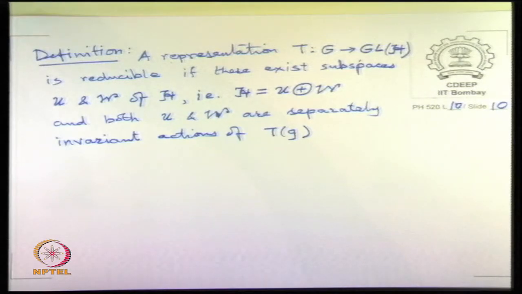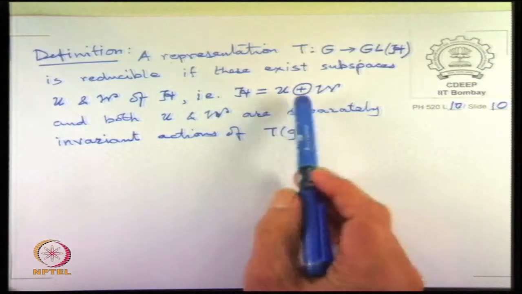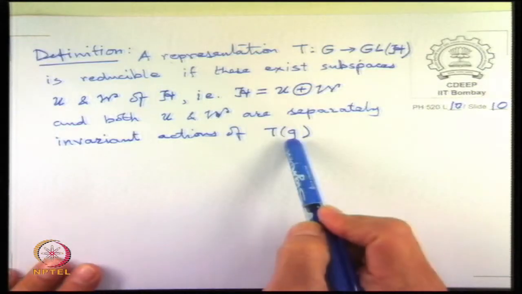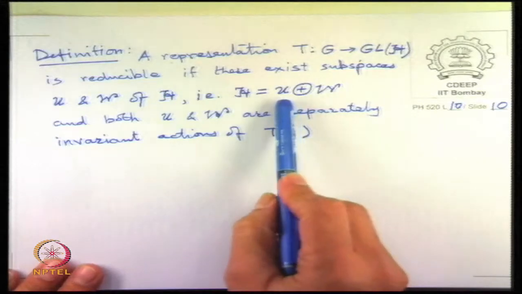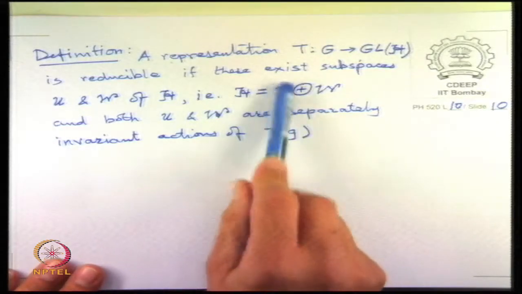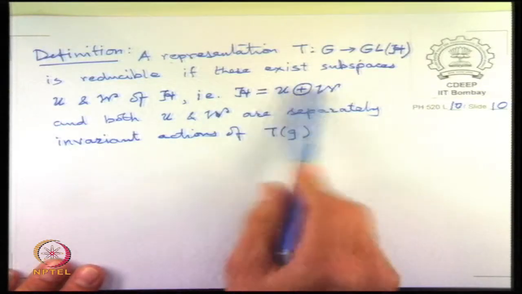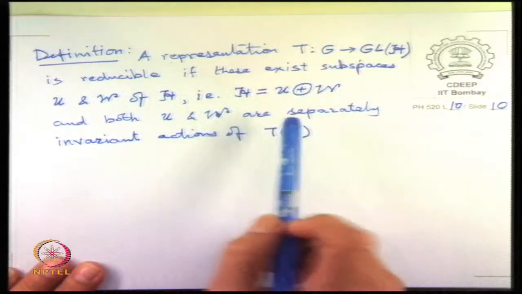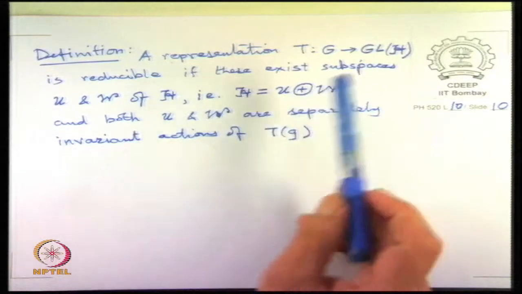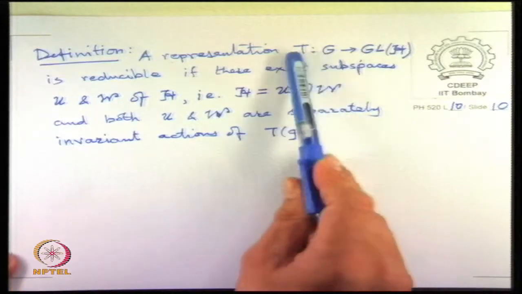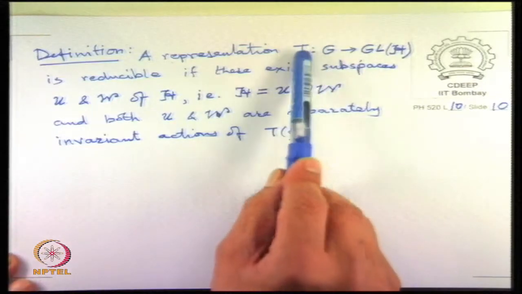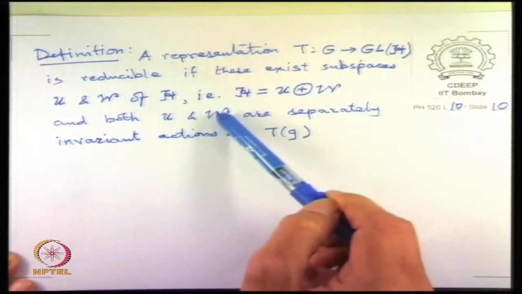So invariant means that subspace never gets mapped into the other. T of G acting on the subspace U will never map anything of U into W and vice versa. So if this happens, then this particular representation given by this map T is said to be reducible.